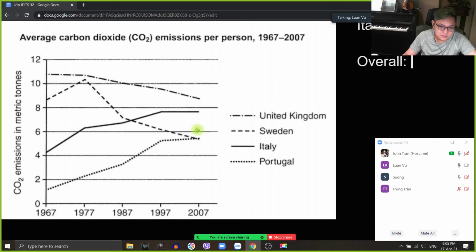About 7 metric tons, which is a relative average number in 2007. Okay. So your general idea is that at the start there's a huge difference between the countries, but after 4 decades they are starting to move toward the average of about 7 metric tons, right?